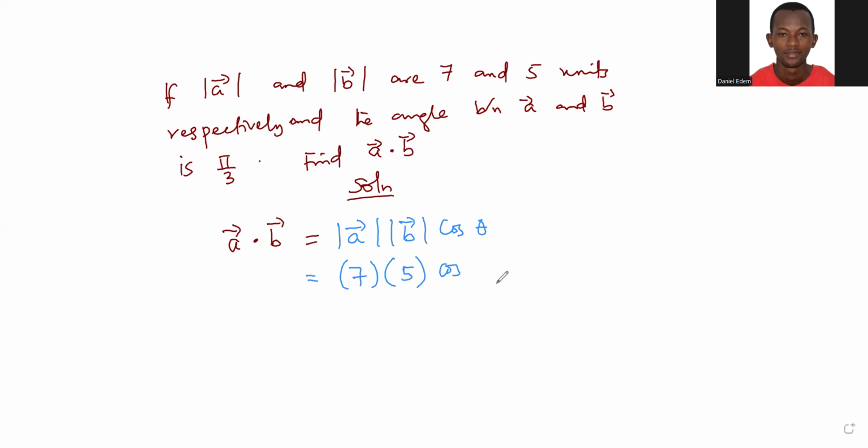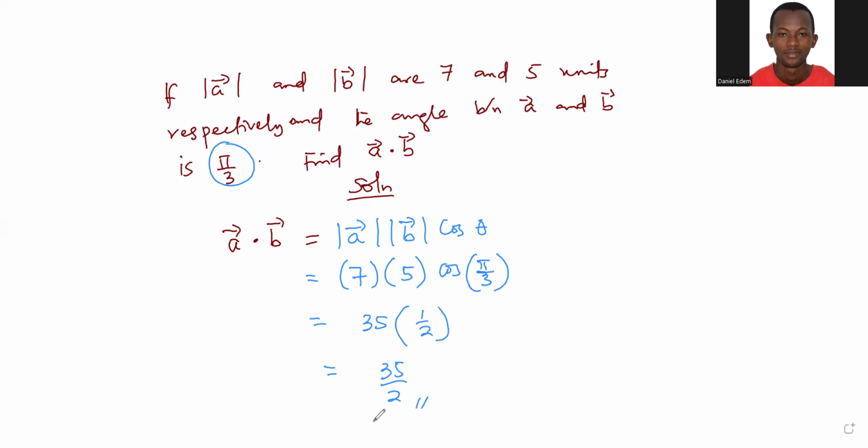Then cos the angle is also given to be pi on 3. So 7 times 5 is 35. Cos pi on 3, we know that pi is 180. 180 divided by 3 is 60. Cos 60 is half. And 35 times half is 35 on 2. So that's how we solve for the dot product when an angle is given.